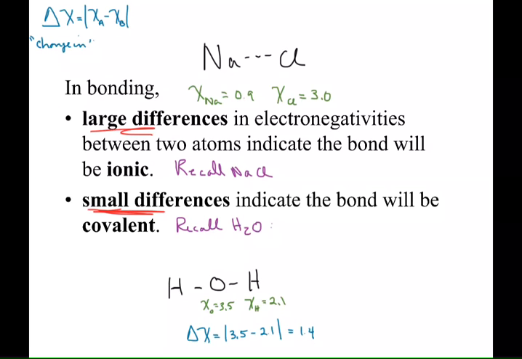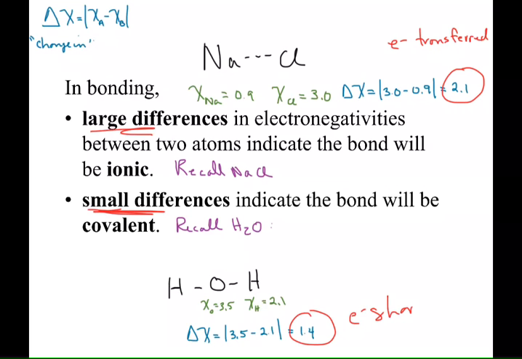The electronegativity difference, 3.0 minus 0.9, is 2.1. As it turns out, that 2.1 difference is enough for an electron to be transferred from the sodium to the chlorine. Compared to the 1.4 of the oxygen and hydrogen, that's less. The electron was shared, not transferred, although not shared equally.